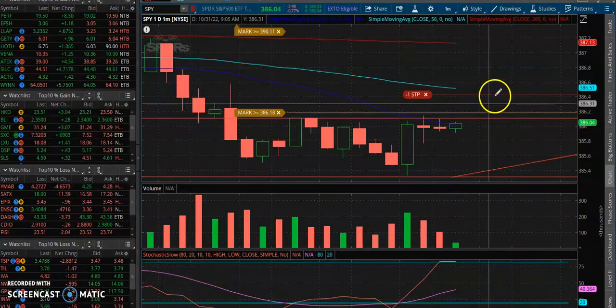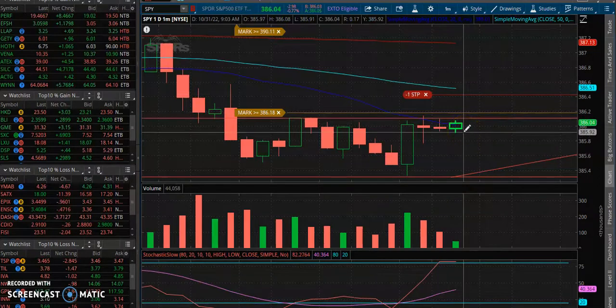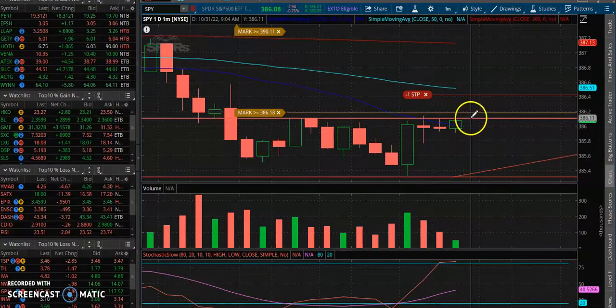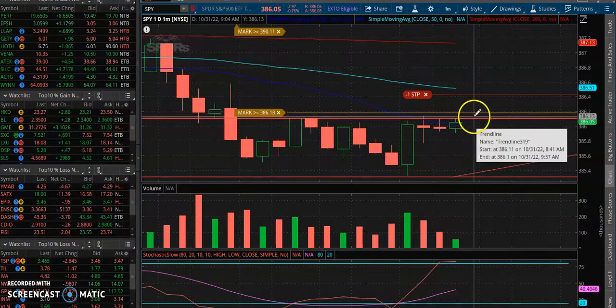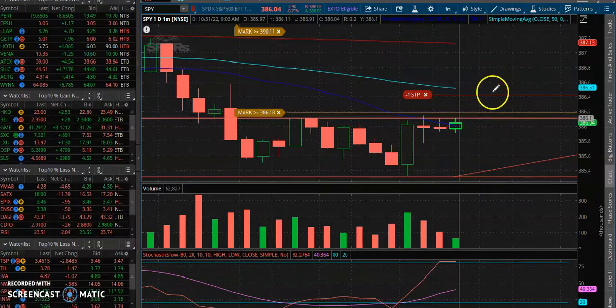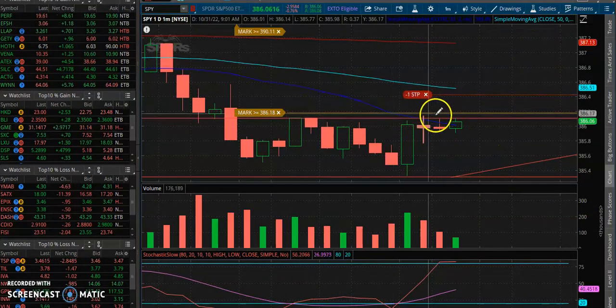It looks like it wants to break out. Now we got puts, but still, well, one put, we took a small position this morning. It looks like it wants to go higher. So when it does go higher, we let it go, and we may even get long because it may want to continue this way. But so far it hasn't been able to break out of this range.